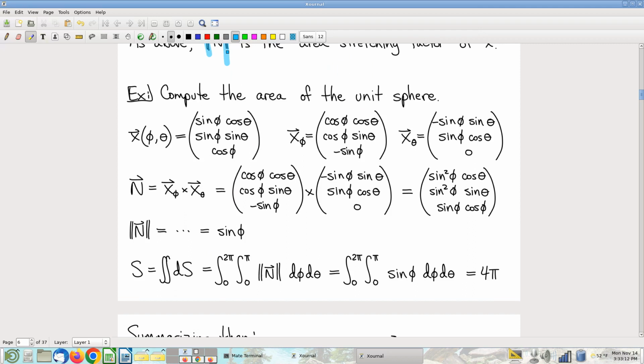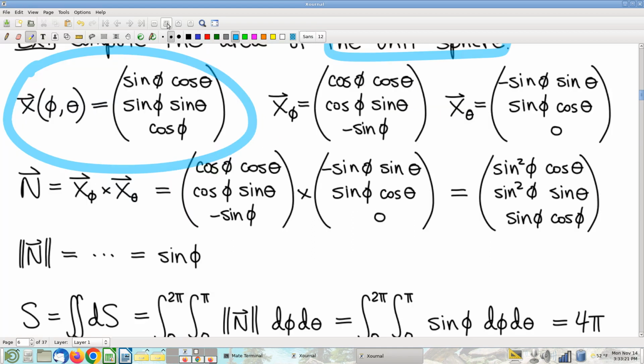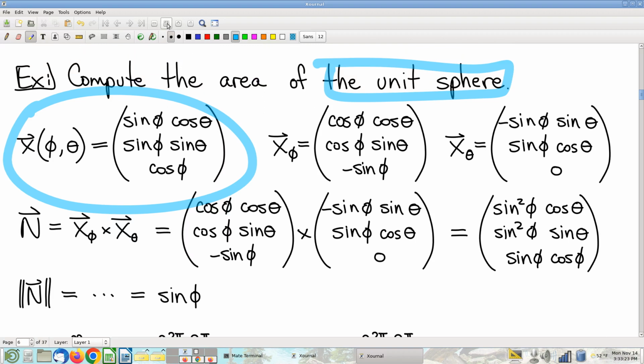So here we go. The unit sphere. I parameterize it like this. And this is not, of course, the only way to parameterize the unit sphere, but y'all may recognize this one, right? This is the spherical graph parameterization of rho equals 1.